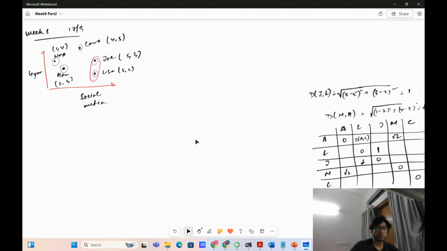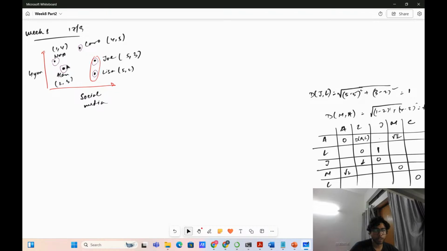What do I mean by single link? By single link, you mean the closest distance between the points of these two clusters. For example, this cluster has 2 points.